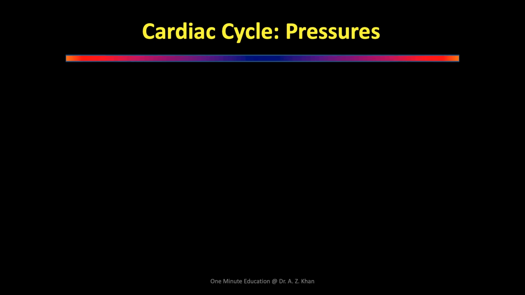So 0 starts away from the crossing of the two axes. Go up to 0.8 seconds, not milliseconds, 0.8 seconds. On the y-axis, I want you to put pressure from 0 to 120. We are drawing a normal cardiac cycle.